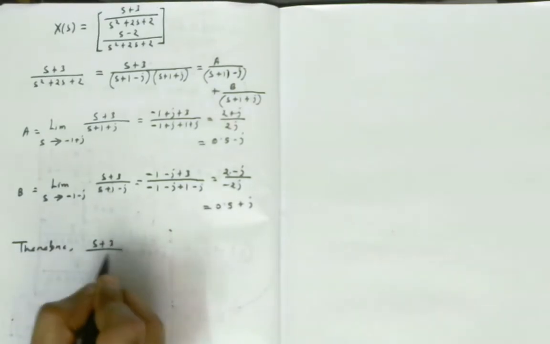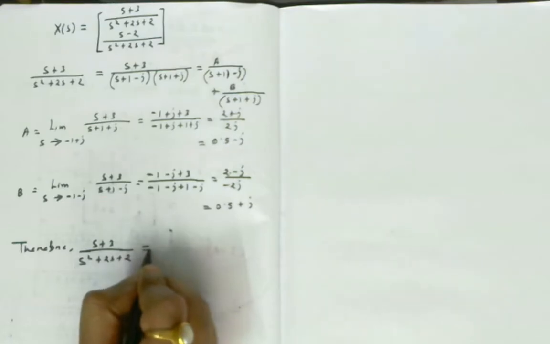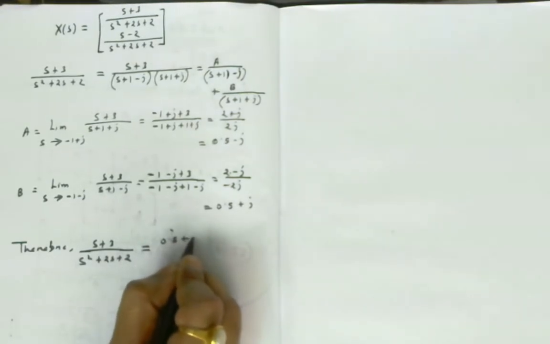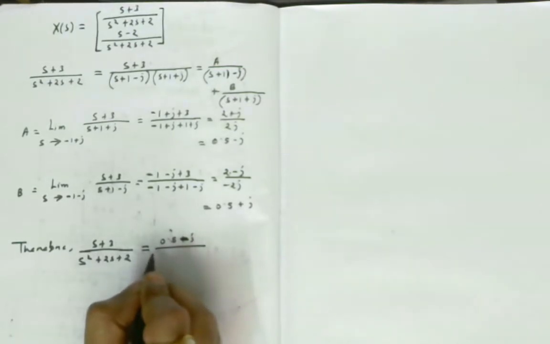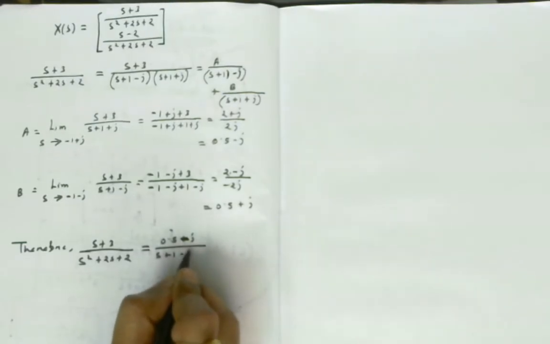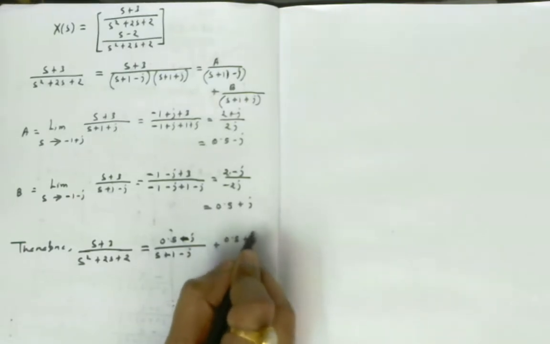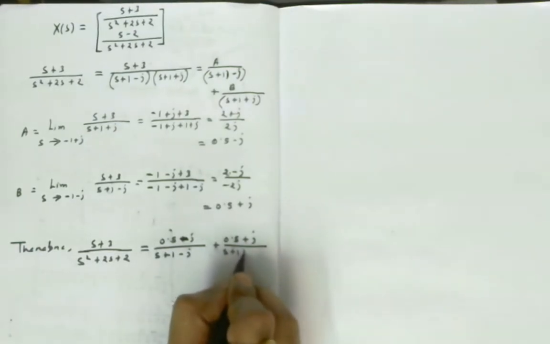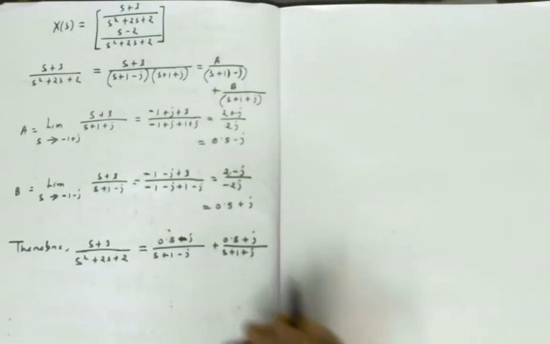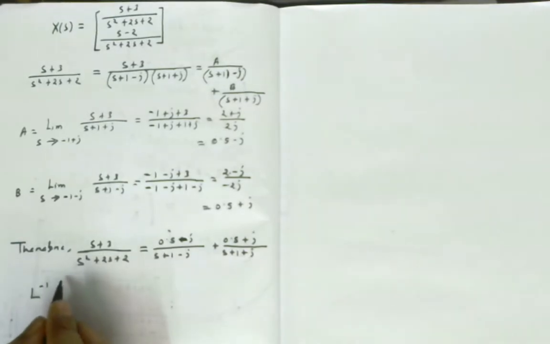Therefore (s plus 3) by (s squared plus 2s plus 2) is equal to (0.5 minus j) by (s plus 1 minus j) plus (0.5 plus j) by (s plus 1 plus j). Because I need to find x1(t), ultimately I have to take the inverse Laplace.